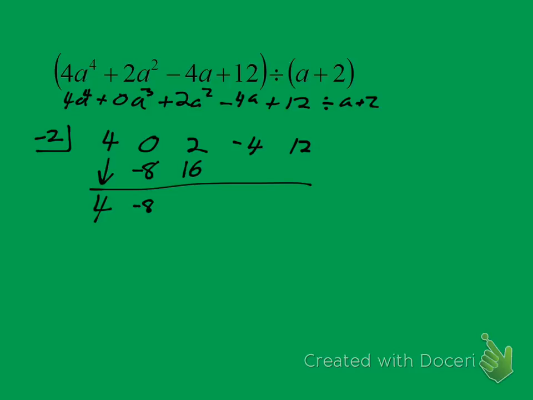Add it to 2, you get 18. 18 times -2, you get -36. Subtract 4 from that, you get -40. Times -2 gives 80. 80 plus 12. 92. And 92 is your what? Your remainder.